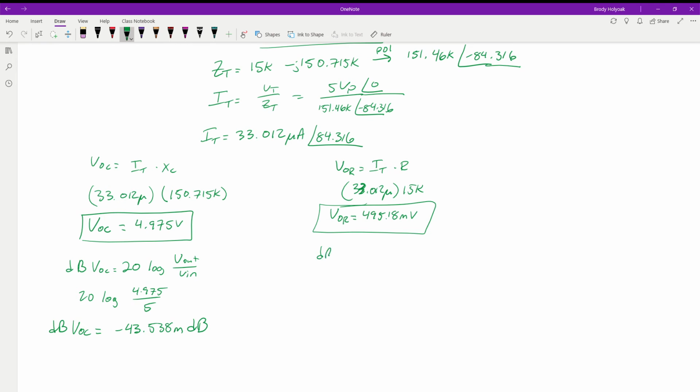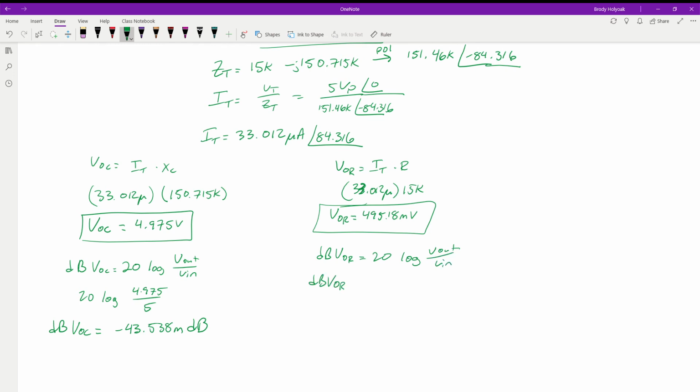So we have our decibels for the V out for the resistor, which is 20 log of our V out over V in. Got ahead of myself there.